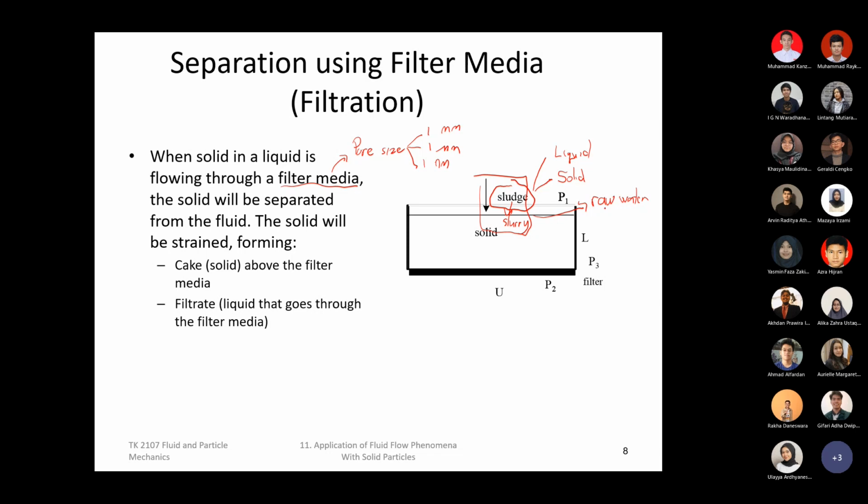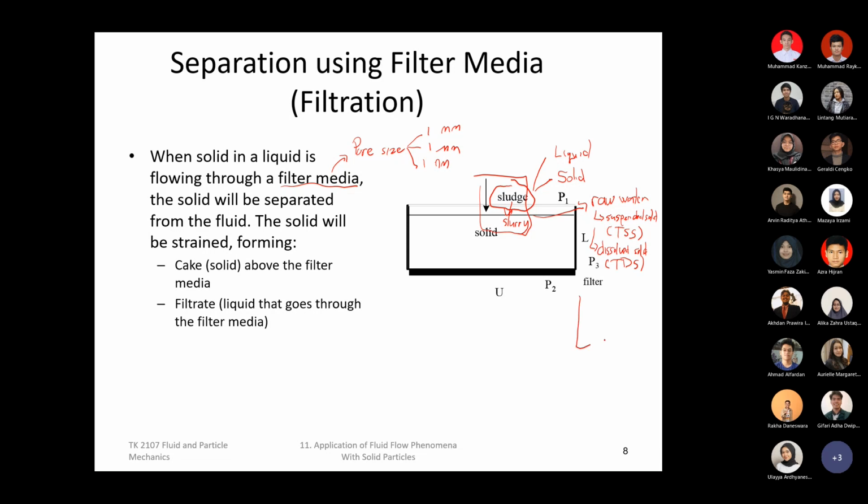In terms of the solid itself in water, it can be a suspended solid, usually expressed as TSS, total suspended solid, but it can also be present in the form of a dissolved solid, sometimes expressed as total dissolved solid.